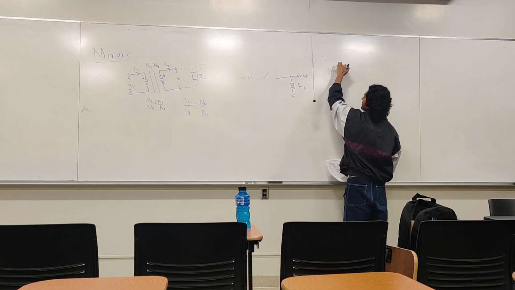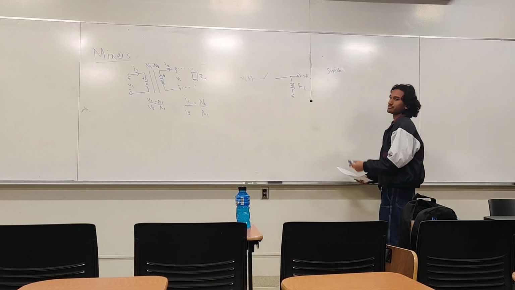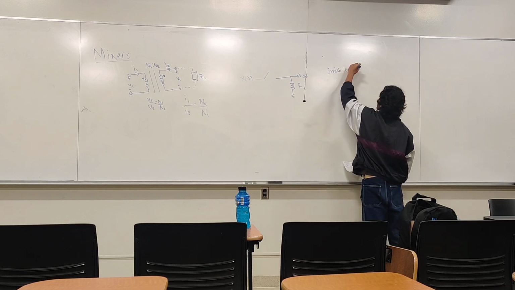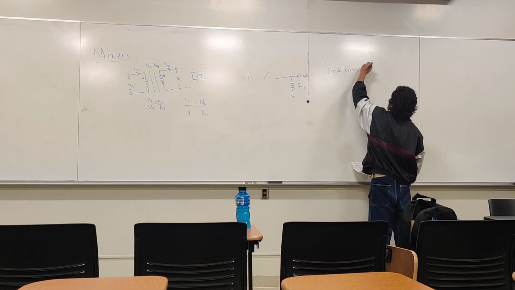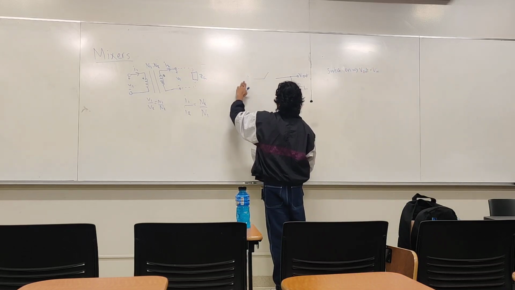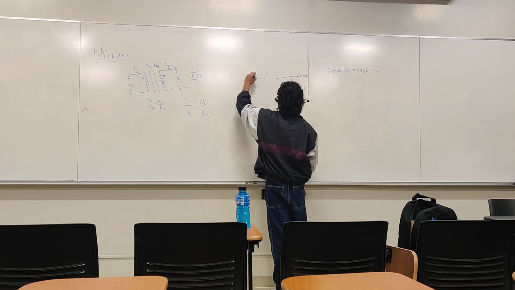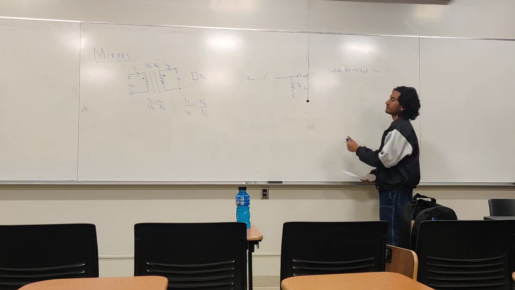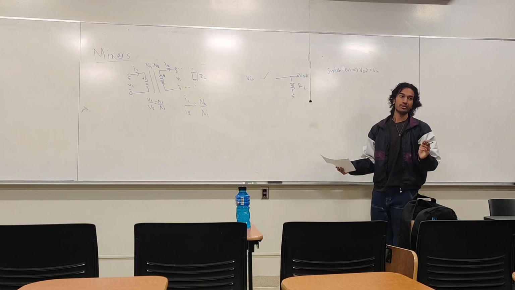We can say that V out is equal to x of t. Our output is our input. And for clarity, I'm just going to call this V in. Okay? If the switch is off, V out is just left floating.